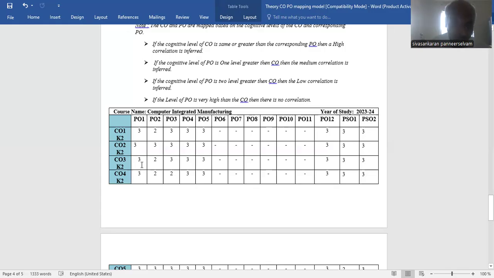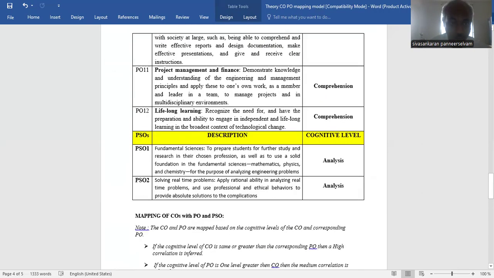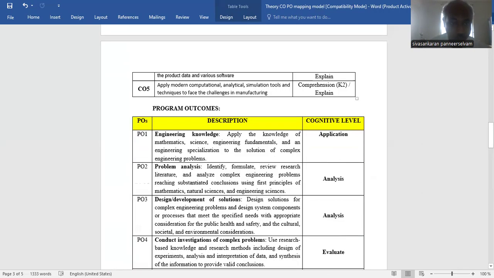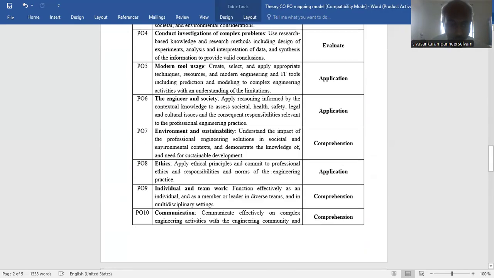And for the remaining 3 course outcomes, we have to perform the same process. Let us see that also. CO3, the third course outcome, gives a view on gaining knowledge of the fundamental concepts of product design, simultaneous engineering, and reverse engineering.